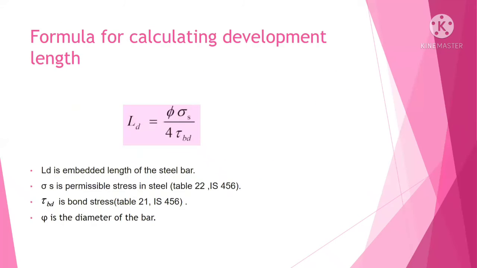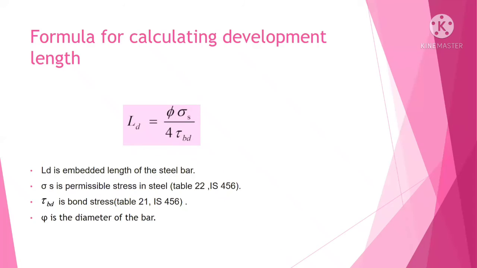Lastly, the formula we use to calculate the development length is LD equals phi sigma S divided by 4 tau BD, where 4 is the constant. Only 3 terms you have to calculate. LD is nothing but the embedded length of steel bar, however we are calling it development length.